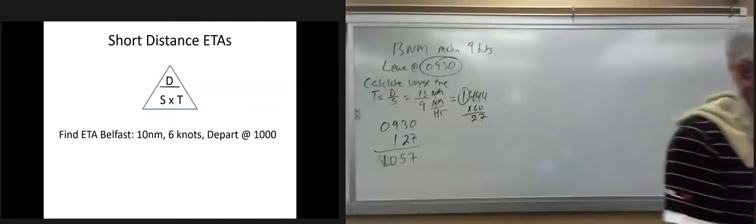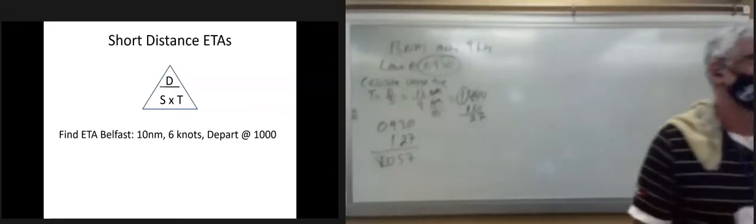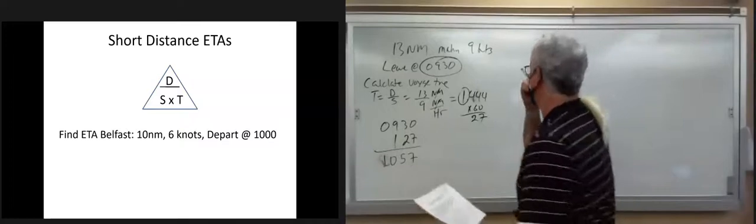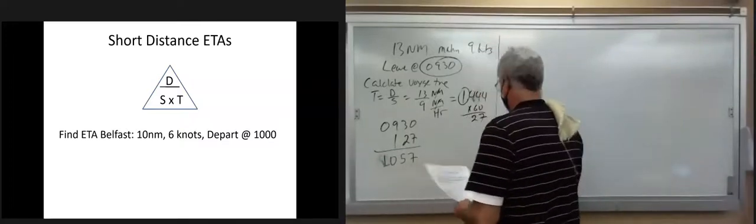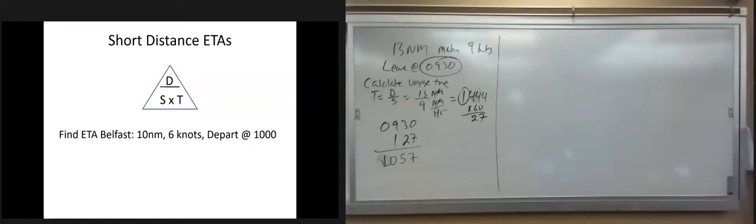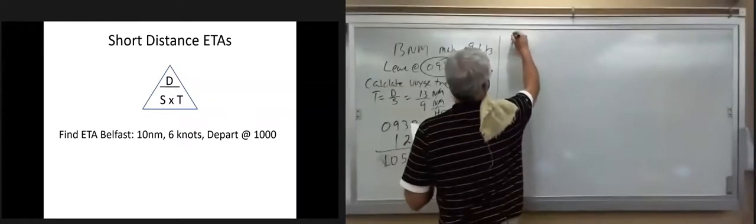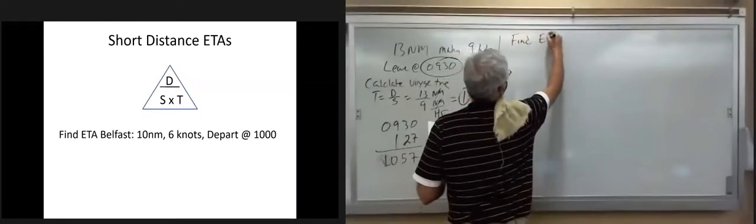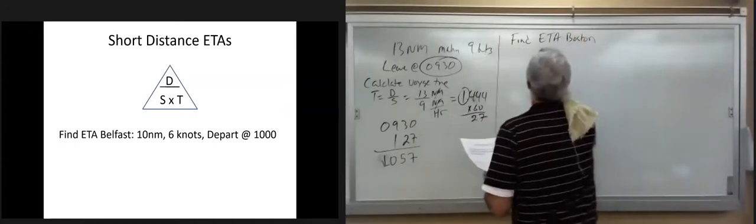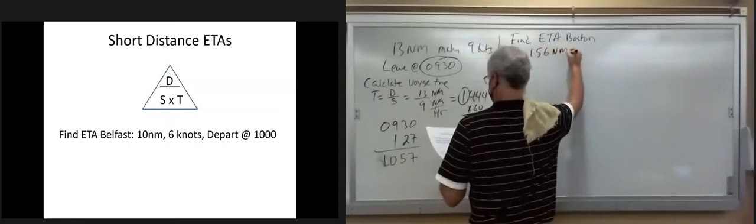Let's do another one. Same thing, but this one is going to be slightly longer. Find the ETA to Boston. The distance is 156 nautical miles.